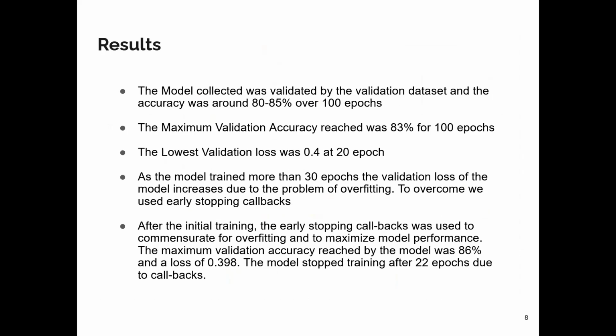As the model trained for more than 30 epochs, the validation loss of the model increased due to the problem of overfitting. So to overcome this overfitting problem, we incorporated early stopping callbacks, which automatically stop the training whenever the accuracy plateaus. So using all these things, we try to estimate the attention of the student.